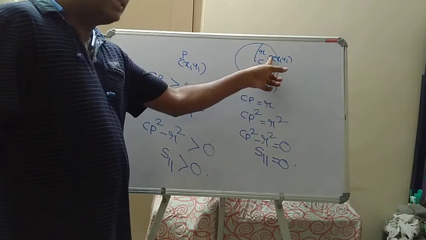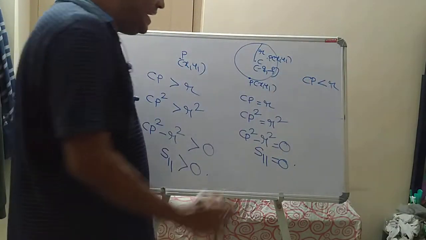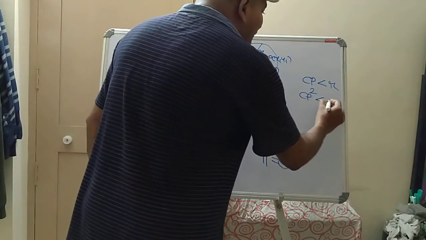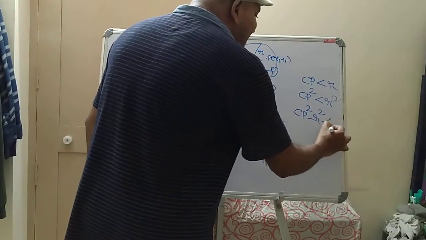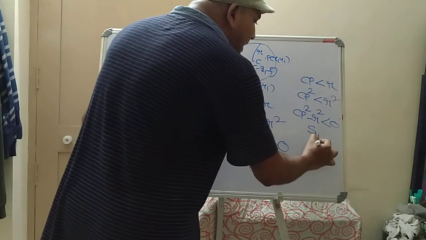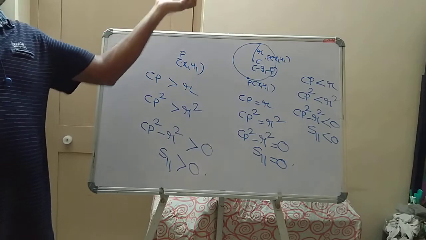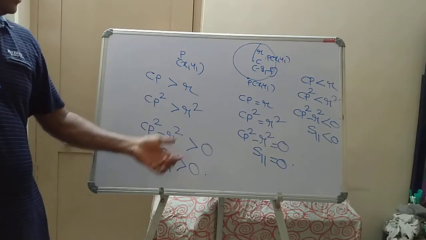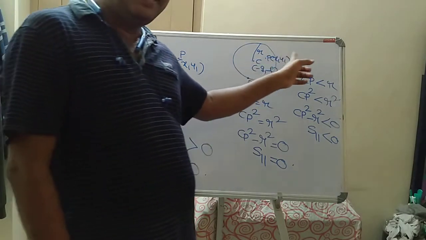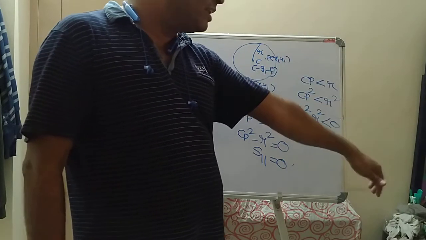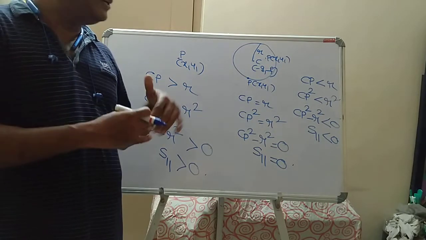Then CP < R. That means CP² < R², so CP² - R² < 0, that is S11 < 0. So point P lies outside the circle if S11 > 0, point P lies on the circle if S11 = 0, and point P lies inside the circle if S11 < 0. This is the position of the point with respect to a circle.